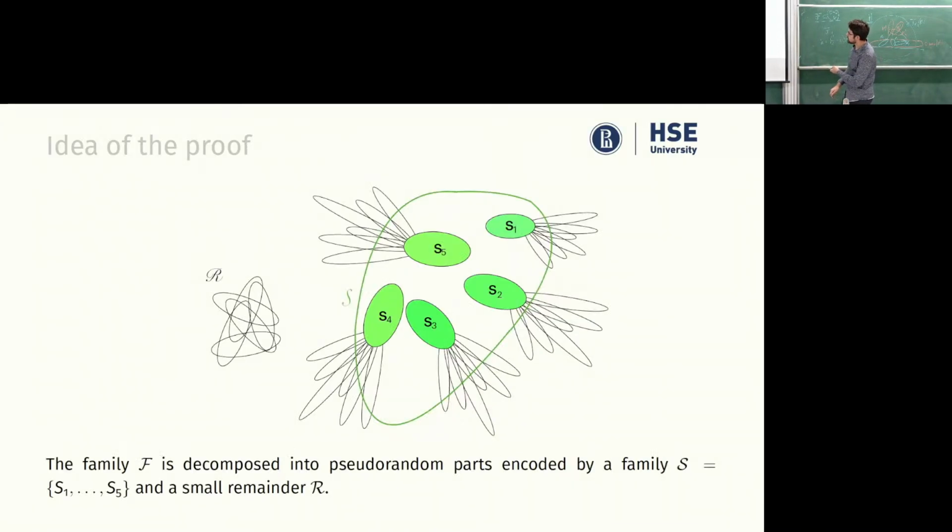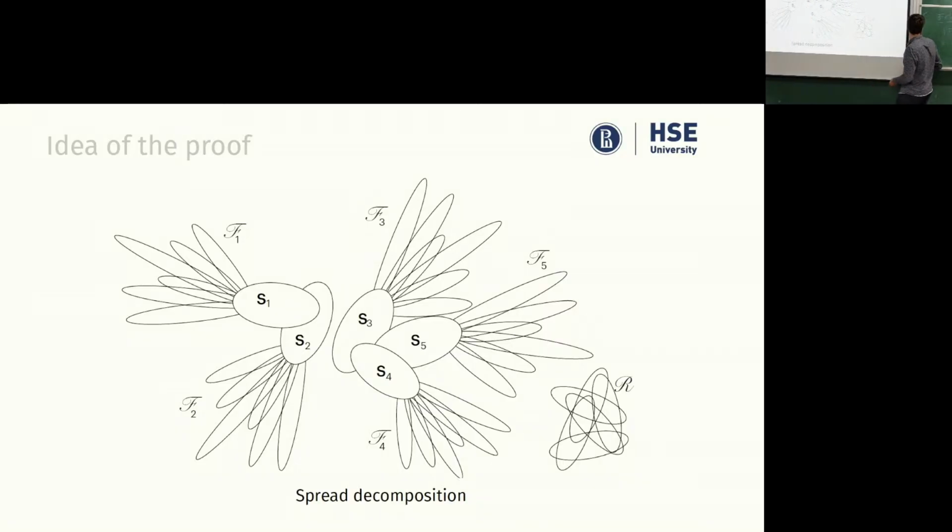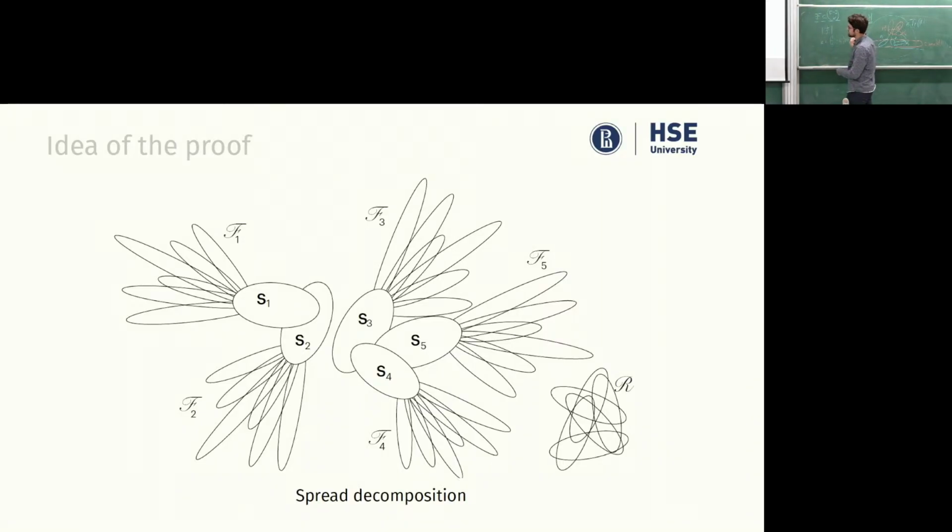So you wish to prove that the family S that encodes this pseudo-random structure satisfies some conditions, like it is T-intersecting if F forbids intersection by exactly T minus 1 elements.